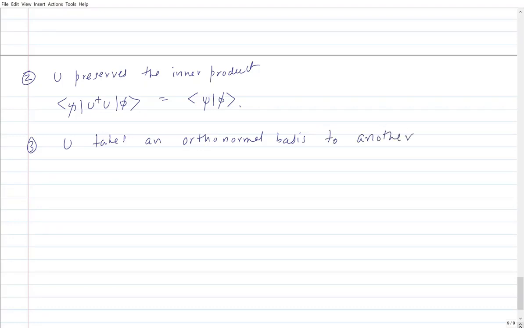So when you hit every basis vector of a particular basis set with a unitary matrix, you get another basis, simply because intuitively it's kind of like a rotation preserving the norm of a vector. So the vector remains normalized and they preserve the inner product. So all the vectors of a basis set which were perpendicular to each other retain the same angle, orthonormal basis.